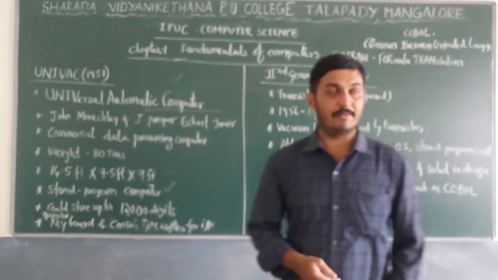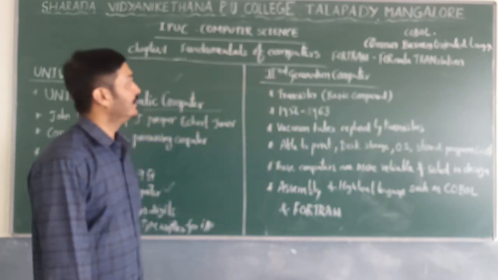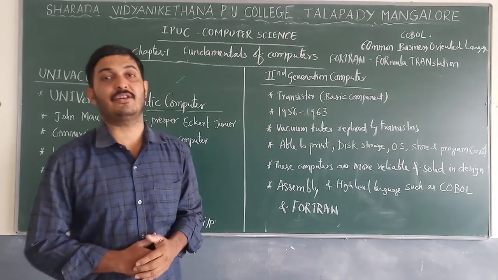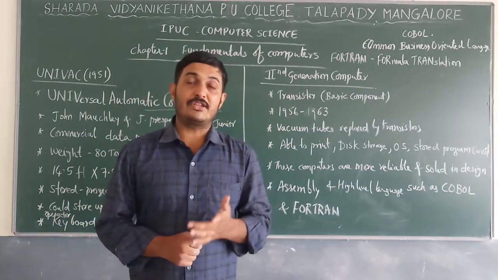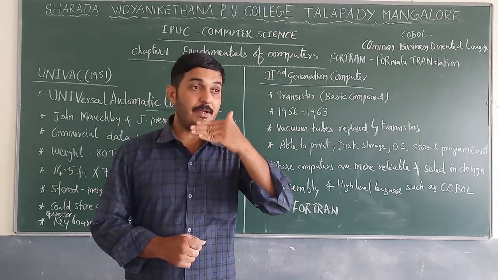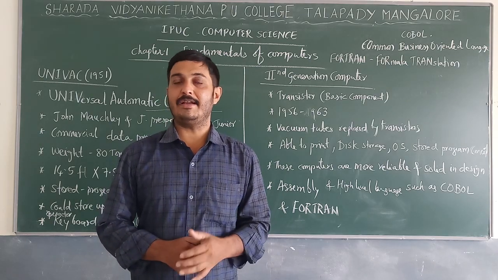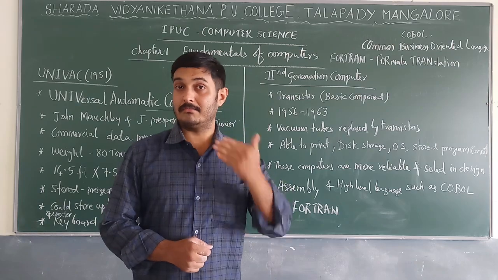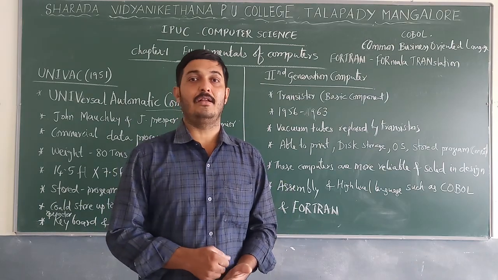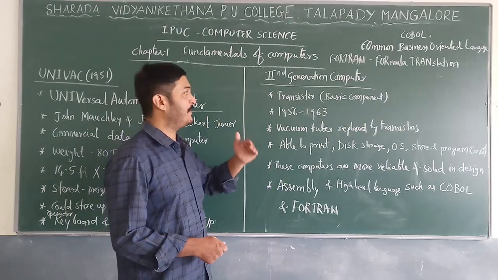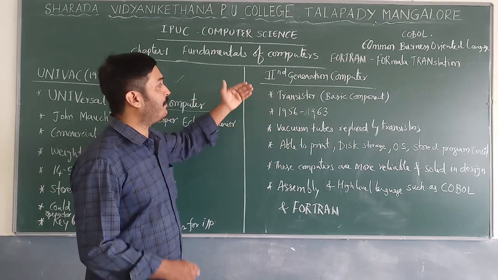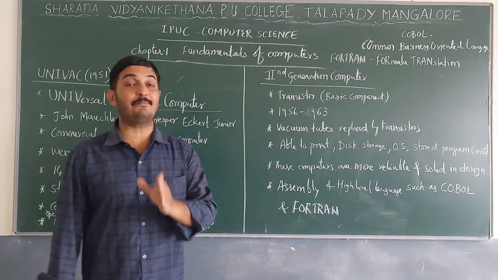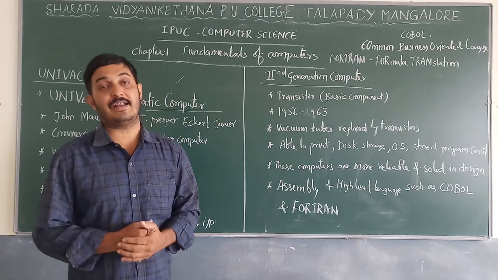So next, we'll move on to second generation computers. During first generation computers, they used only vacuum tubes, which were big, bulky, and unreliable. The computer programmers replaced vacuum tubes with transistors. Transistors are the basic component of second generation computers.